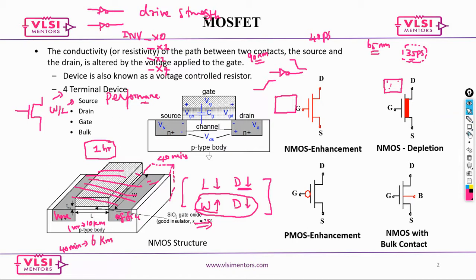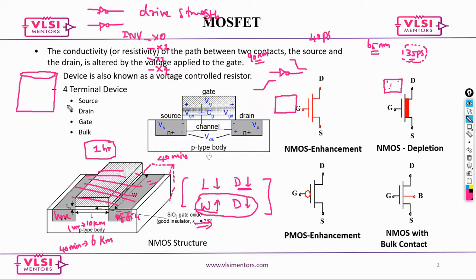This means you have a bigger width. If you are going to drive a smaller load, you can use this x0, which has lesser width. It's simple, right? Say, for example, you have a water tank.